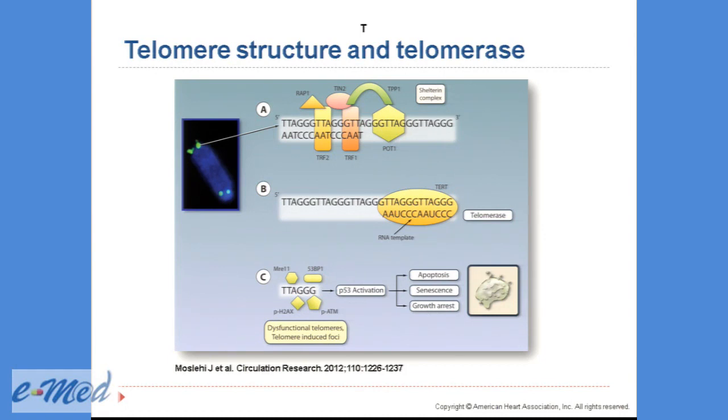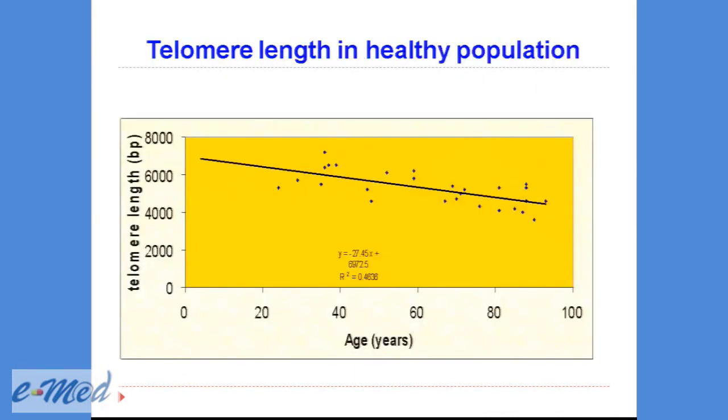Therefore, that's the length of telomeres in the normal population. These are data from our laboratory, but these are universal data. Our telomeres get shorter while we age.